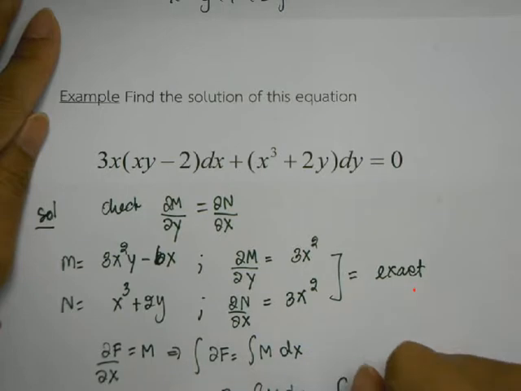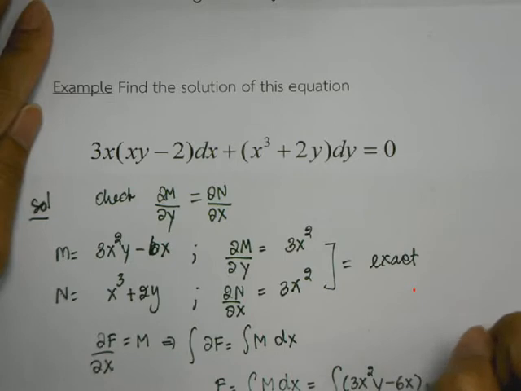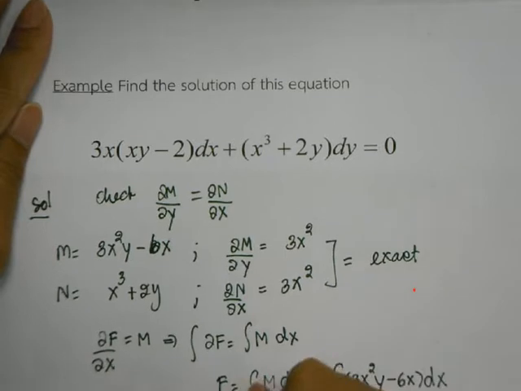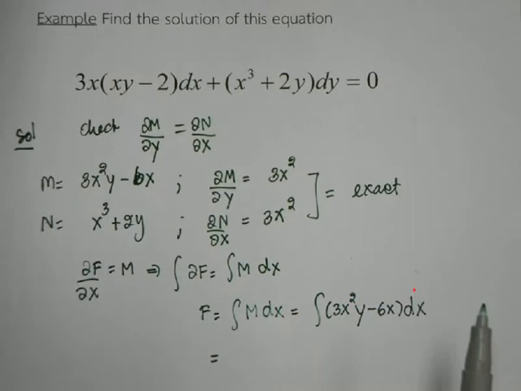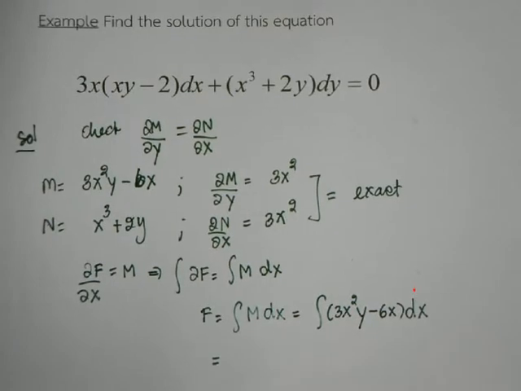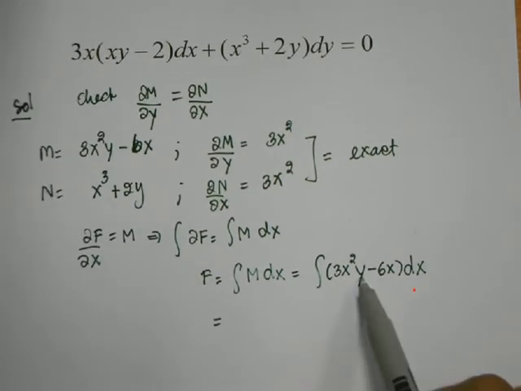M is equal to 3x squared y minus 6x. When you do the integral with respect to x, you look at y as a constant.